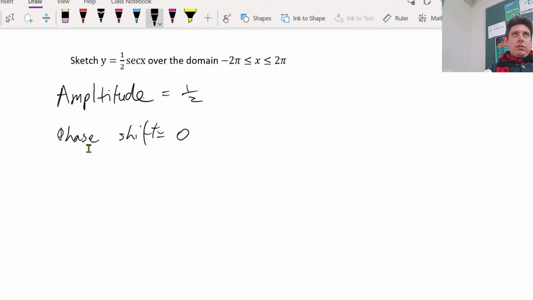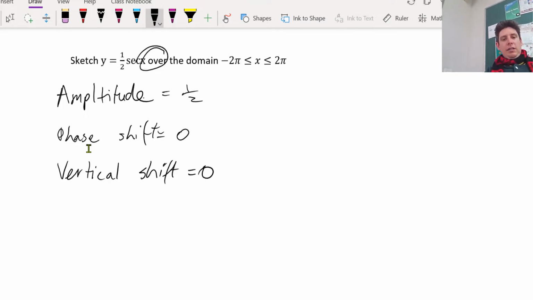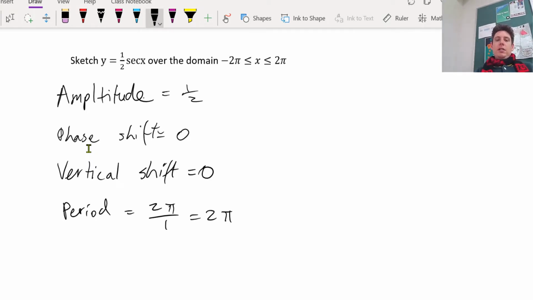Phase shift is horizontal. Vertical shift is 0. So there's no shifting, there's no plussing at the end. And the period is 2 pi over b, which is 1. There's no coefficient out the front of x, so it's just 2 pi.